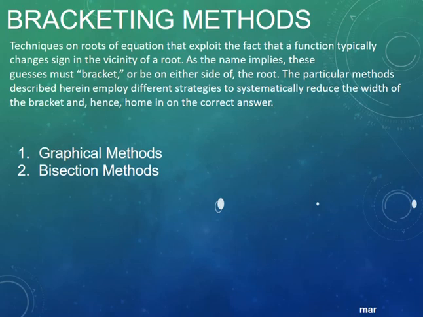So in bracketing methods, two initial guesses for the root are required. These guesses must bracket or be on either side of the root.